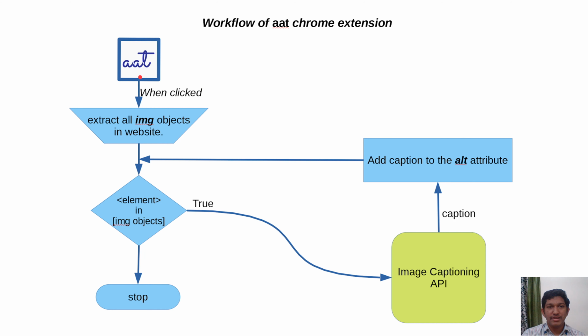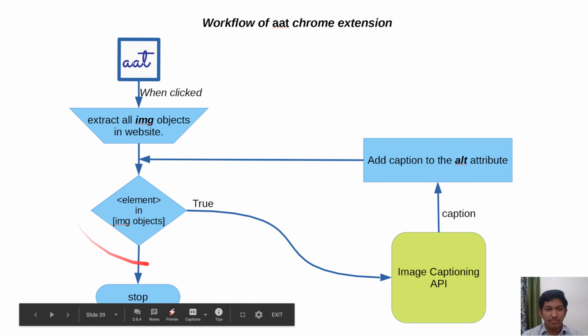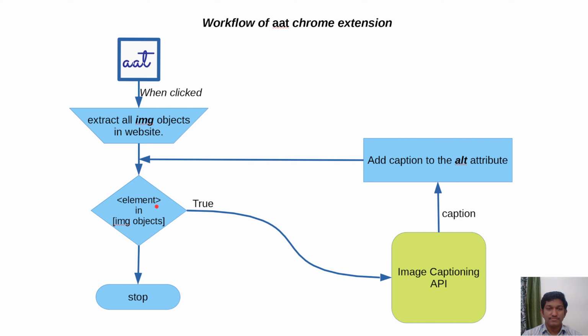Whenever this extension is clicked, it extracts all the image objects in the website. For example, if there are 10 images, all 10 image objects will be collected here, and this is a for each loop. A for each loop is a single function applied to all the elements.